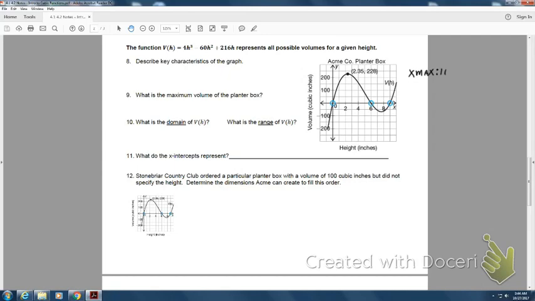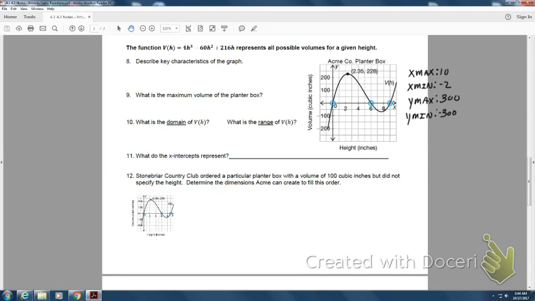X max, leave at 10. The X minimum, put at negative 2. The Y max, put at 300. And the Y minimum, put at negative 300.